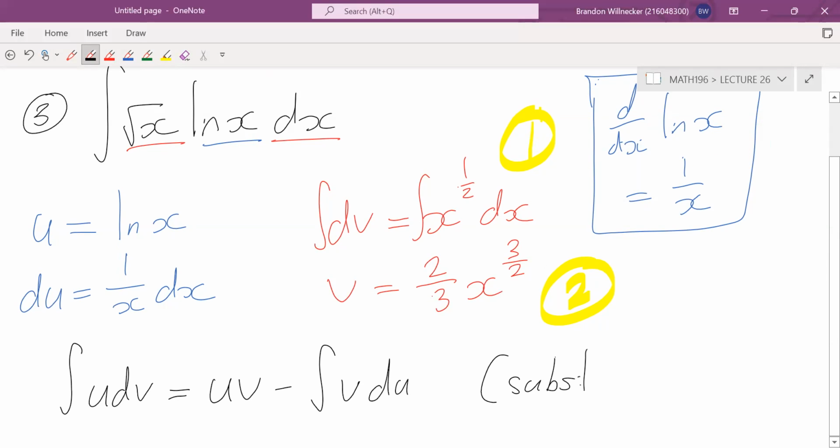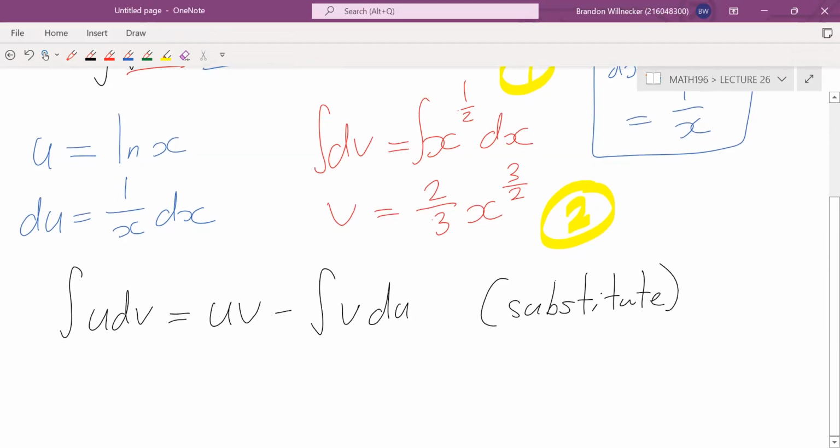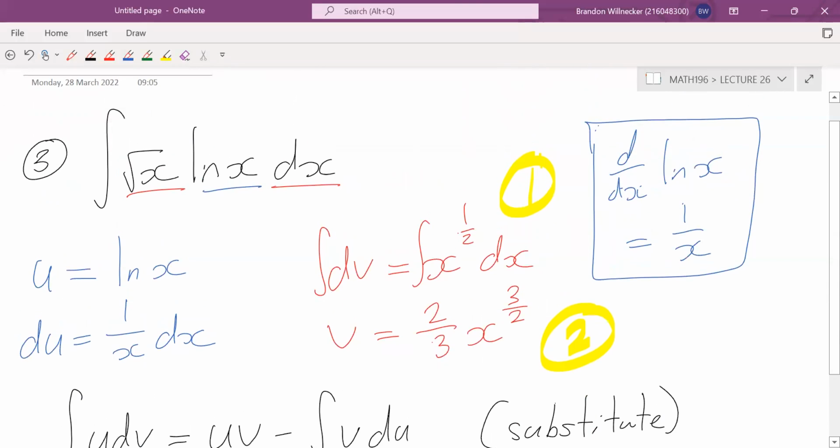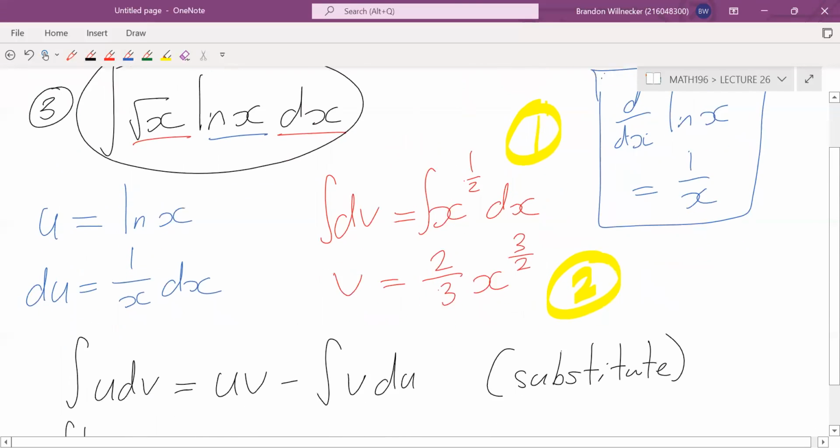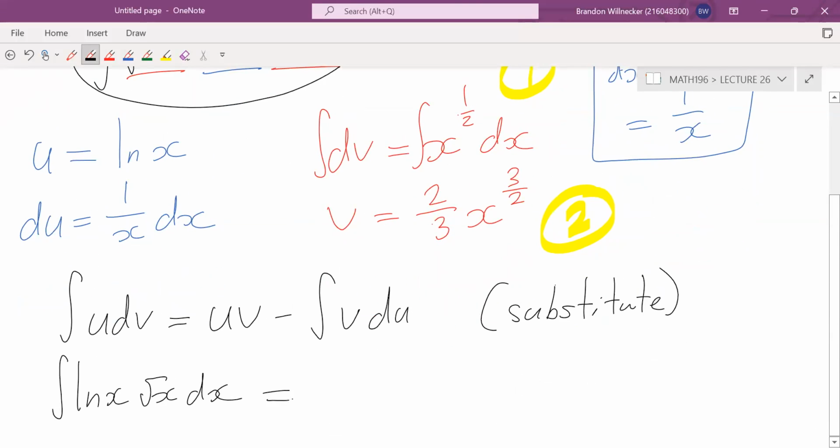We now need to substitute. Okay, so u is the natural log of x. So we have the integral, natural log of x. Dv was root x dx. Okay, so that's this here that we're trying to solve is equal to u times v.